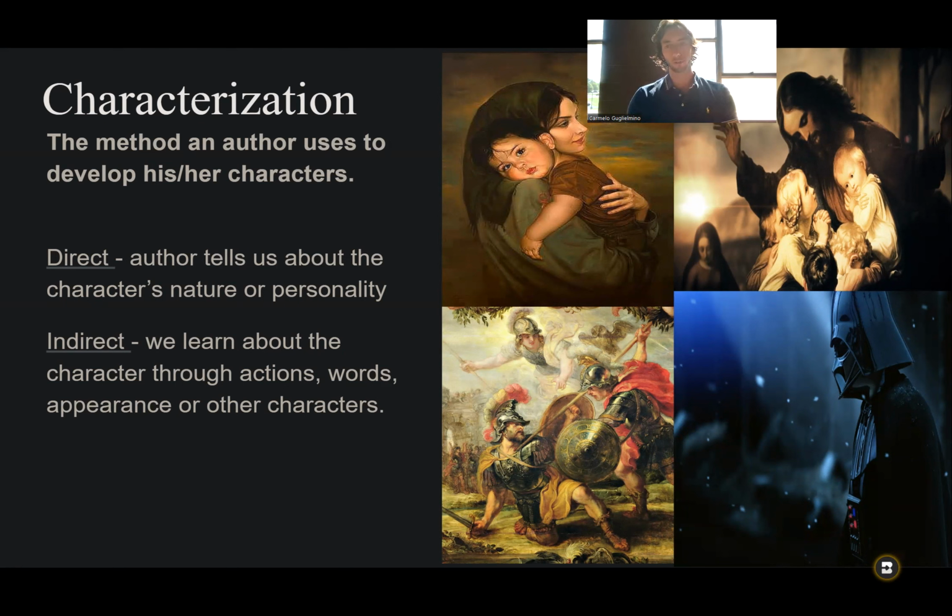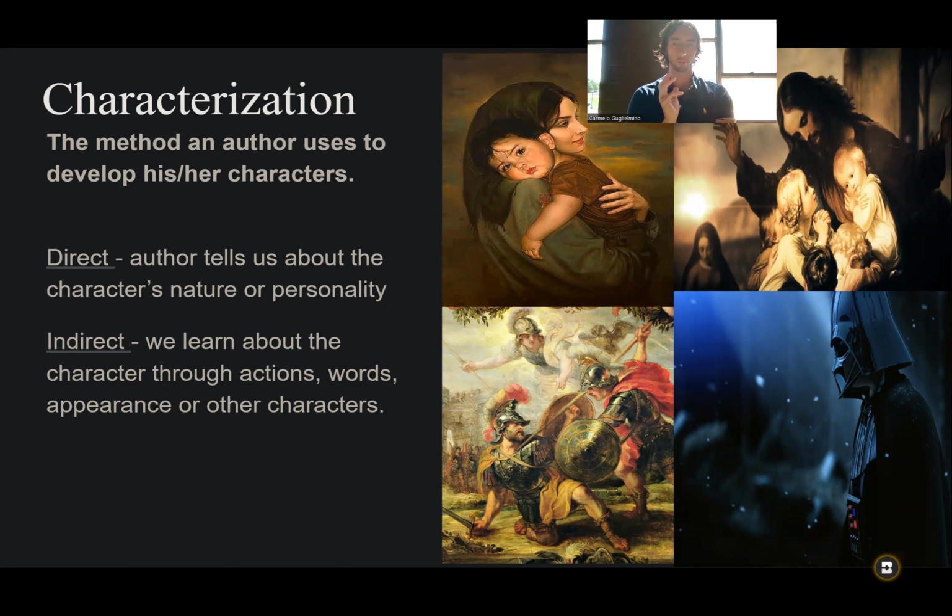Now, characterization, as it describes here, is the method an author uses to develop his or her characters. You could say that it is essentially how we learn the personality behind a character, how we see a character behaving. In terms of notes here, there are only two major distinctions within characterization.